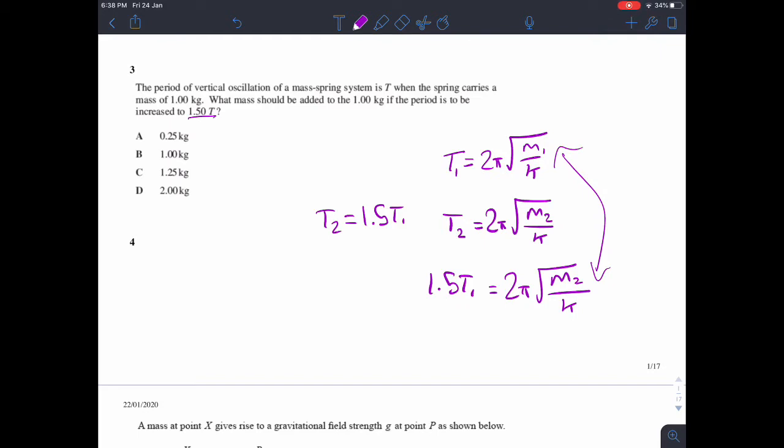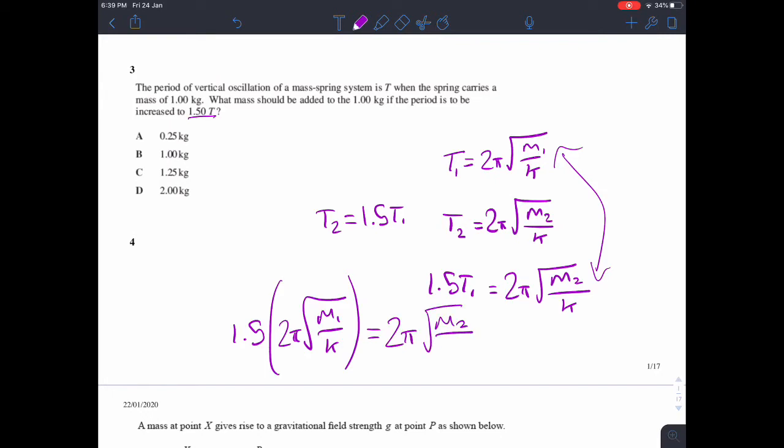So we can say that 1.5 times 2 pi root m1 over K is equal to 2 pi root m2 over K.